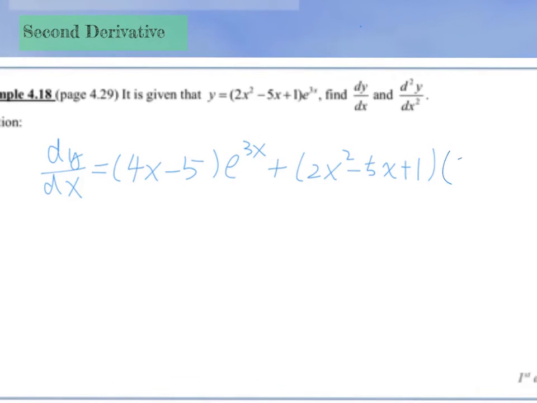So for e to the power something, it is quite good to use a bracket to show the product rule. Okay, and then what should we do next?